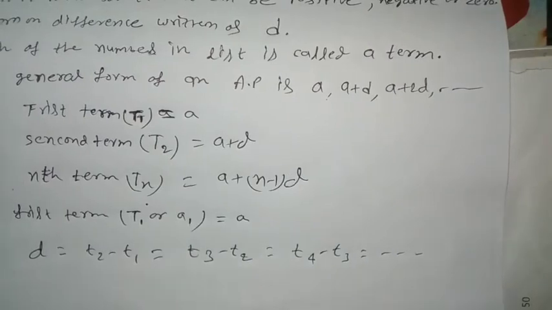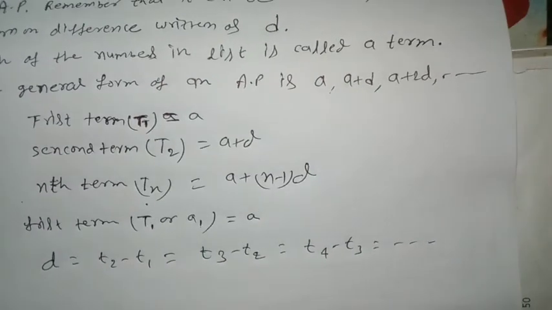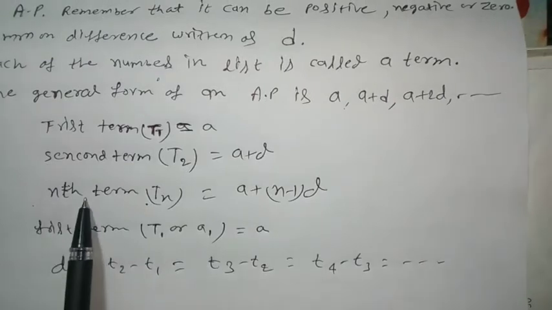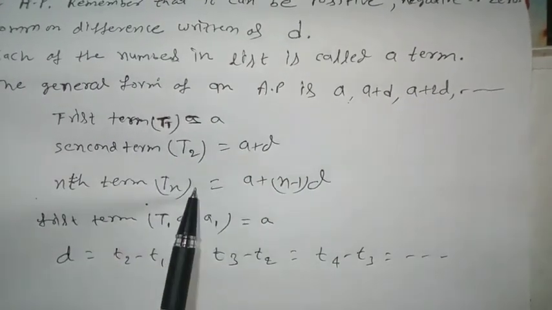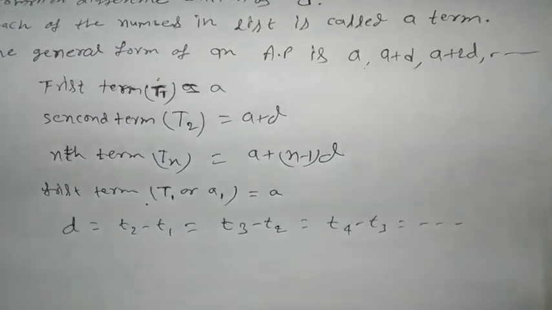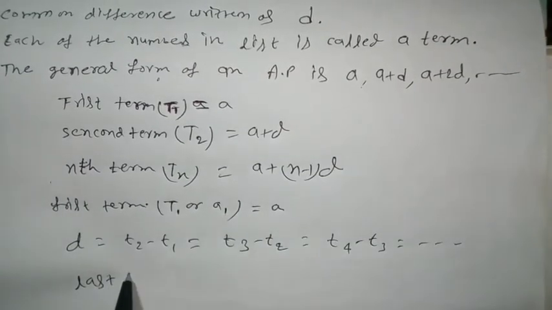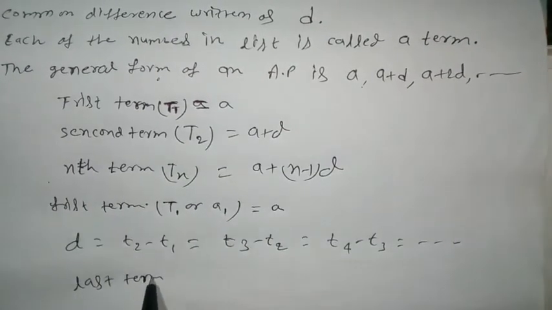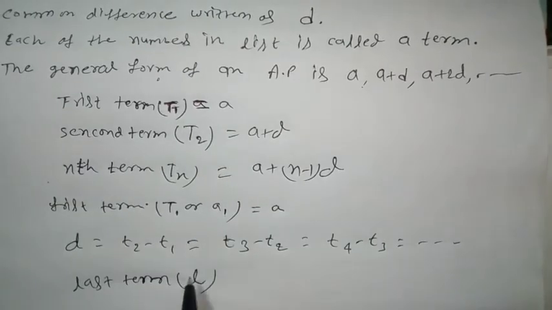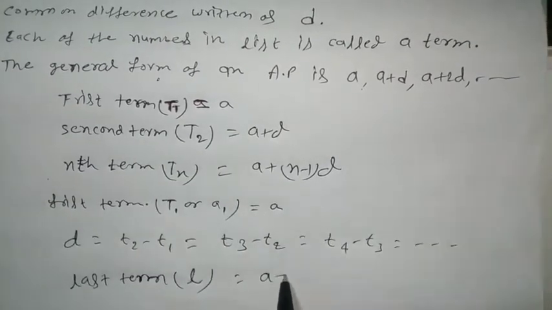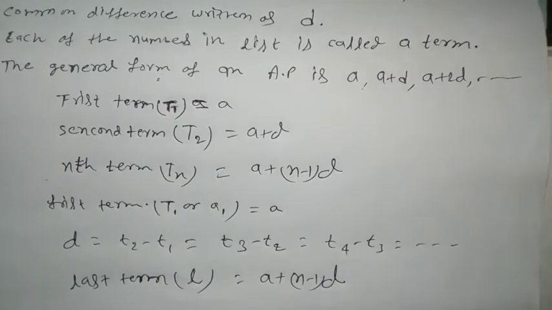It means that if we subtract the first term from the second term, then we get the common difference D. The last term we denote L, which is also equal to A plus n minus 1 into D.